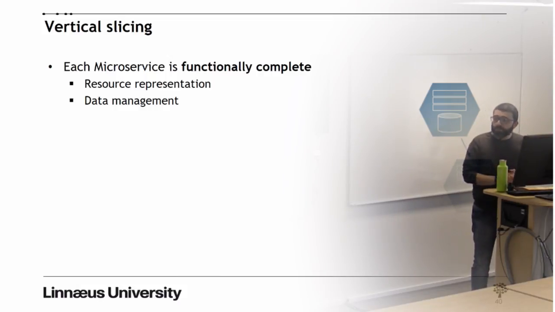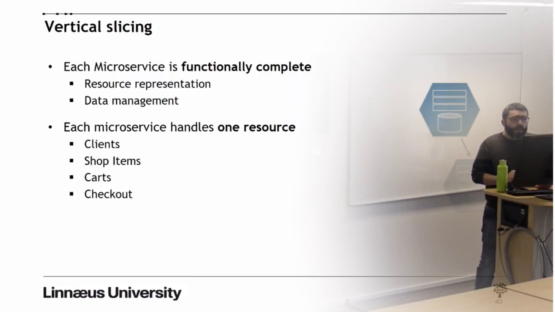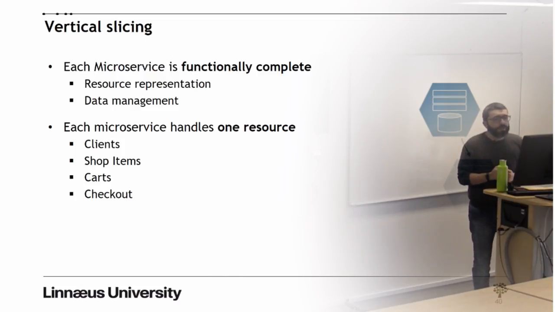In this type of architecture, every single microservice has its own data management system. And every single microservice should handle one resource. Then we should have a microservice for clients, one for the shop items, one for the carts, one for the checkout.